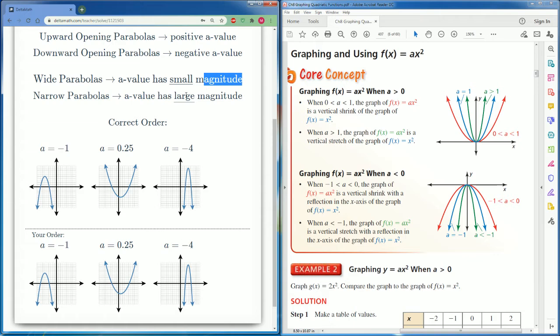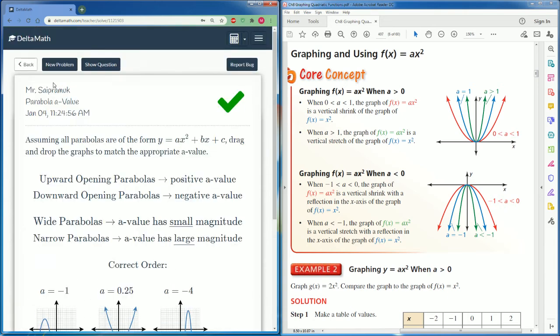So here they say that when a has a small magnitude, like 0.25, that is when it's wide. It's a narrow parabola when a, which is just 4, that's the magnitude, ignoring the negative, is a big number. So you want to look at the magnitude of that.